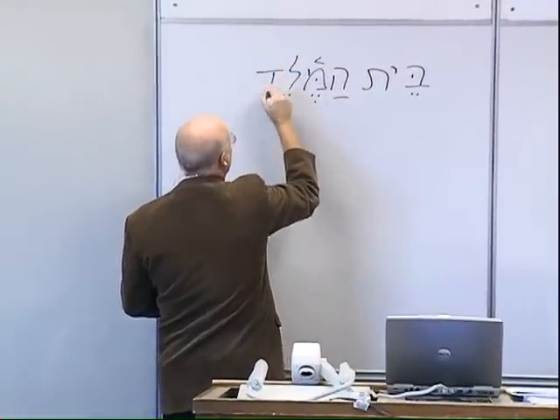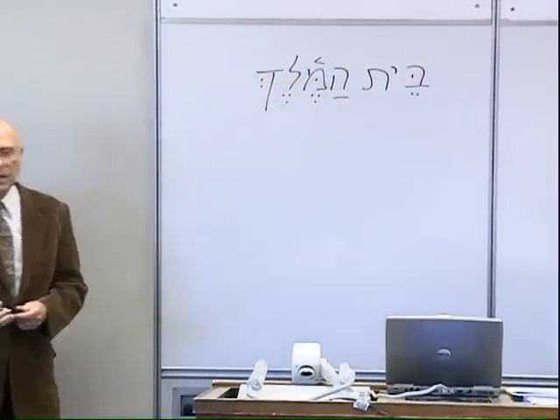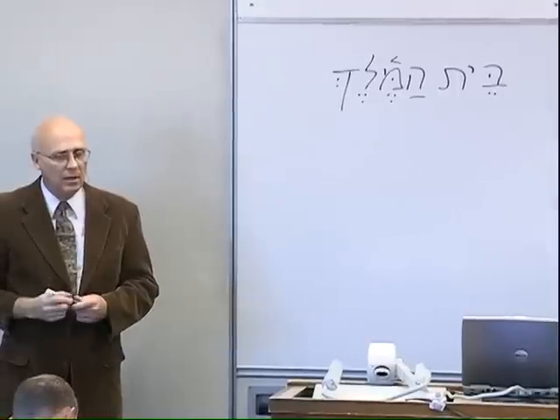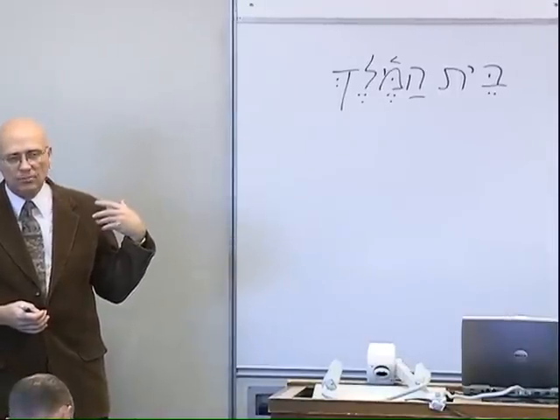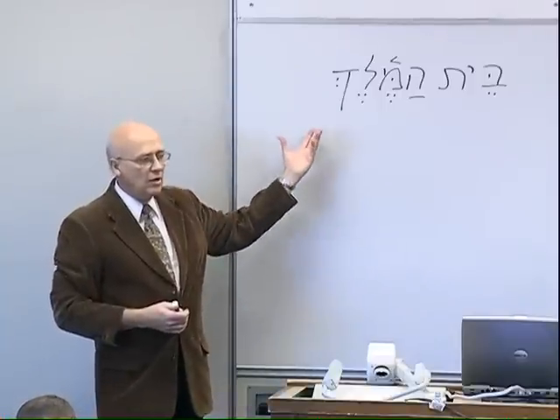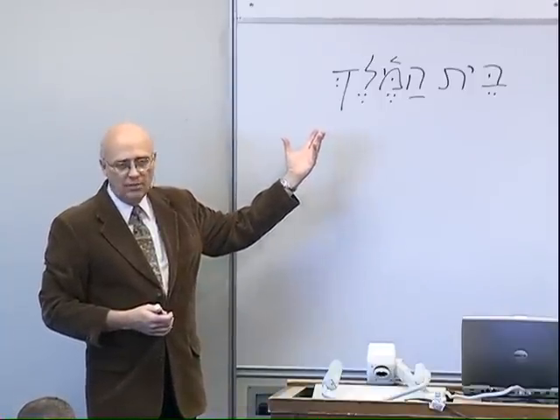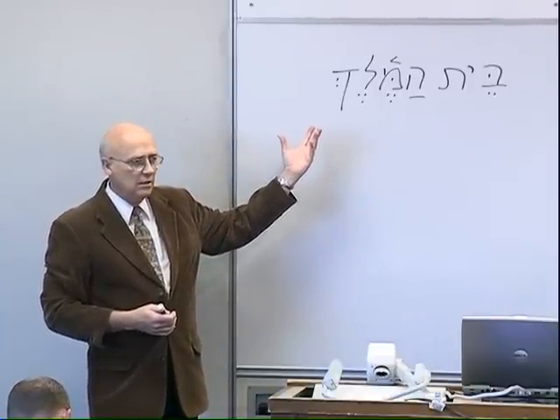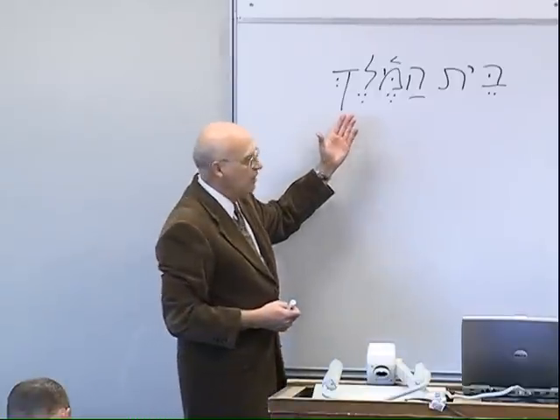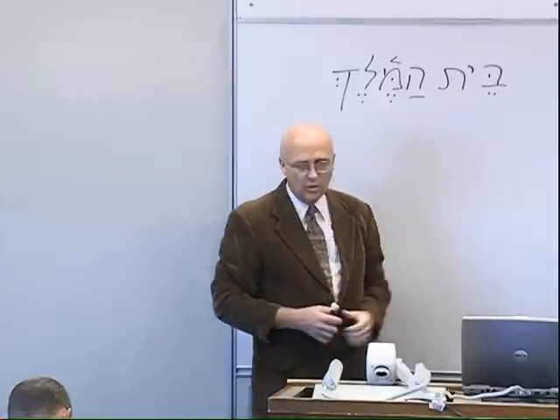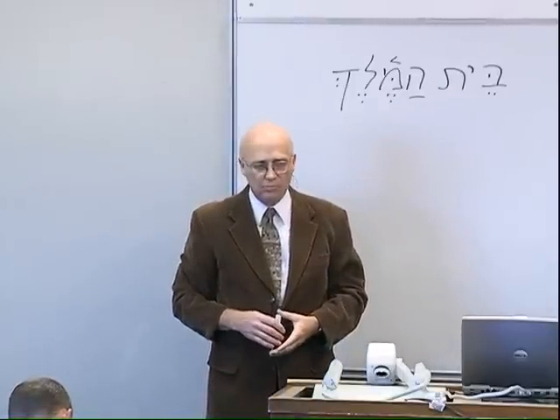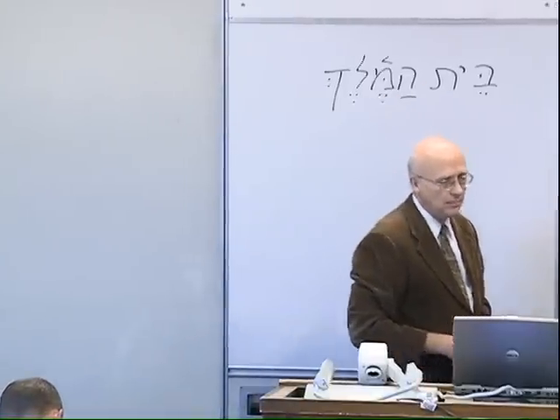All right? Beit Hamelech. Notice there's no article on house because in the construct relationship, the article cannot be put on the noun that is constructed. It must be written with the last noun in the chain, and then it's understood to go with all of the nouns of the chain. So it's Beit Hamelech. All right?